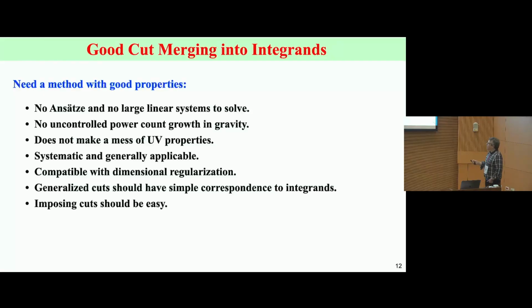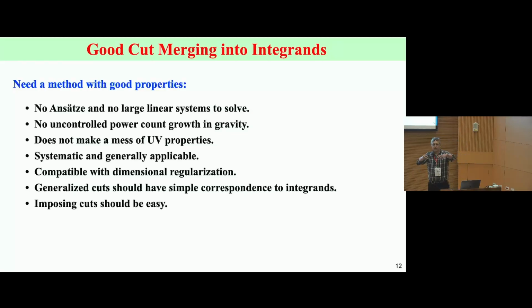Okay, so what's a slick solution? What does it have to look like? Well, the first thing is when you do the cut merging, you have a bunch of cuts, and you have to put it together into an integrand, and that integrand would then have all the correct cuts and all the channels and so forth. The first thing is no ansatz. So you shouldn't have large linear systems to solve. It has to be simple, like term by term is what you're looking for. You can't have uncontrolled power counting growth in whatever gravity you construct.